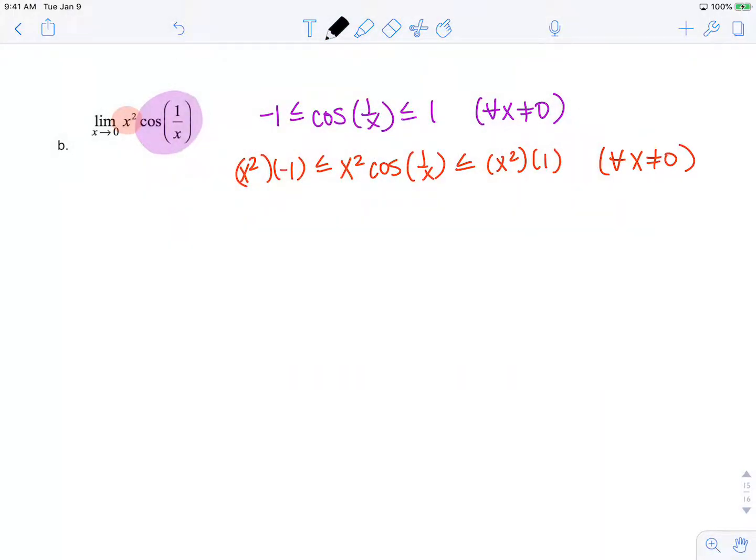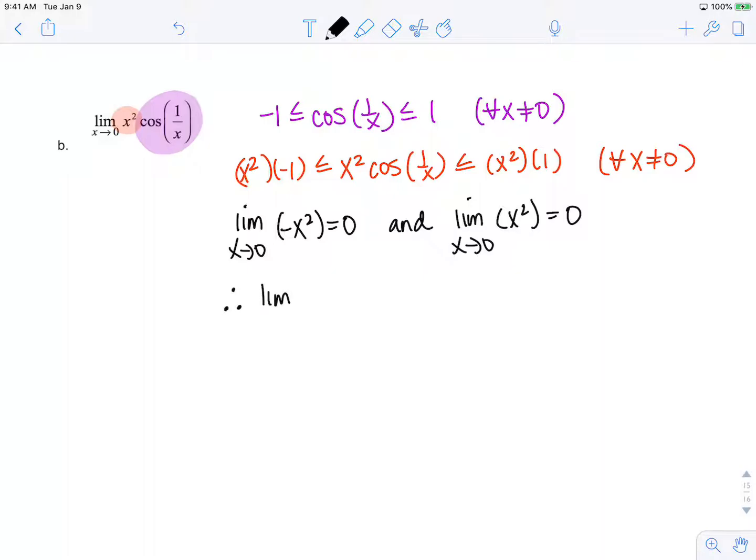So now I can check those limits of those outer functions that are bounding our inner function. The limit as x approaches 0 of -x squared equals 0, and the limit as x approaches 0 of +x squared equals 0.